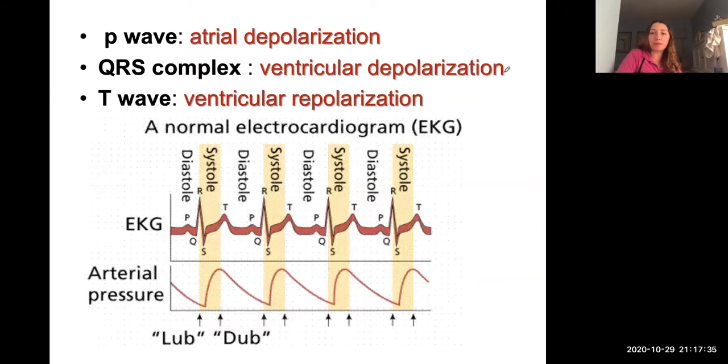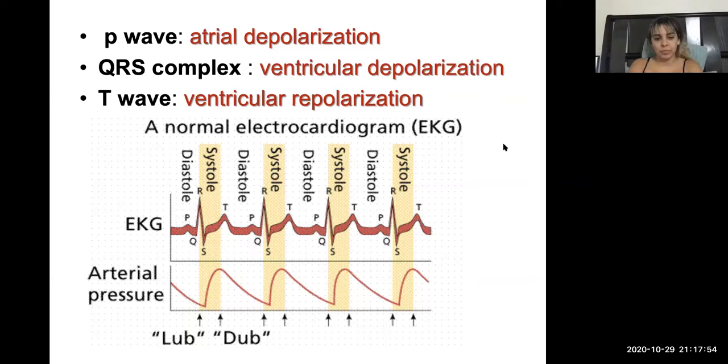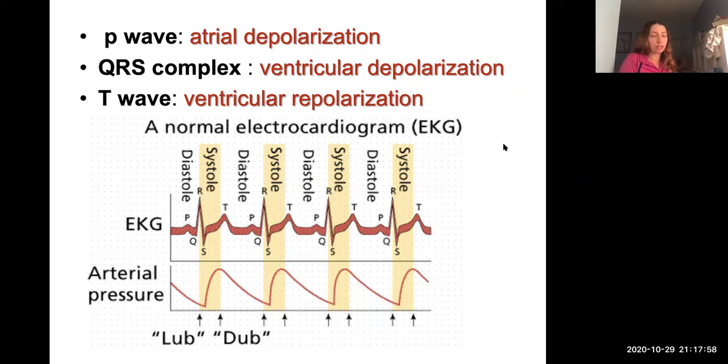Okay, so this is what I was talking about before with the P wave, the QRS complex, and the T wave. Morgan, I know that you love note cards. This is a perfect way to learn it. Think about the P wave, and you can write down atrial depolarization, QRS complex, ventricular depolarization, and T wave, ventricular repolarization.